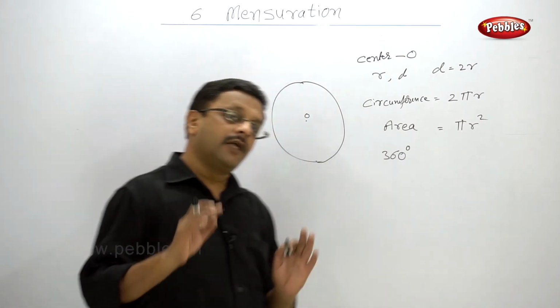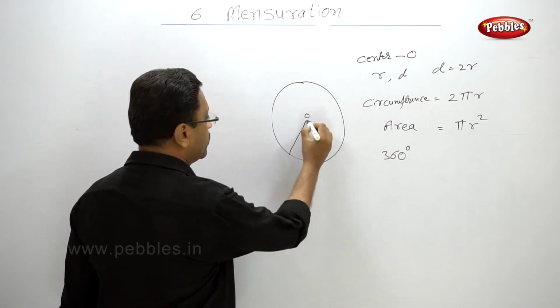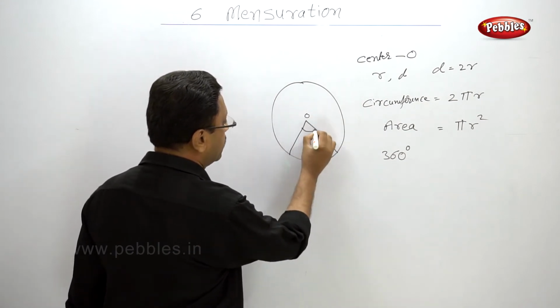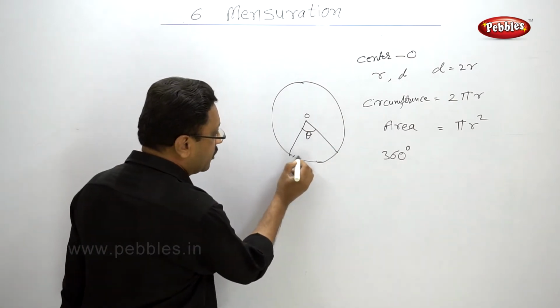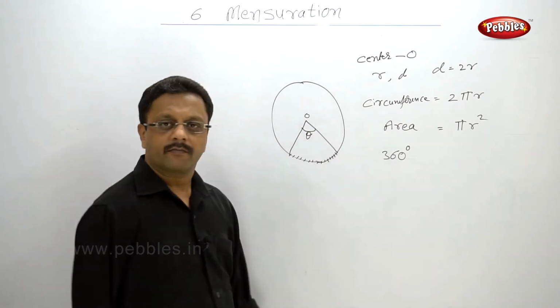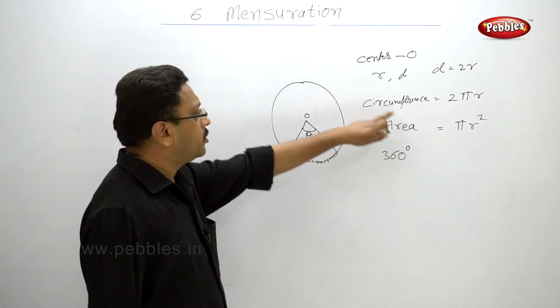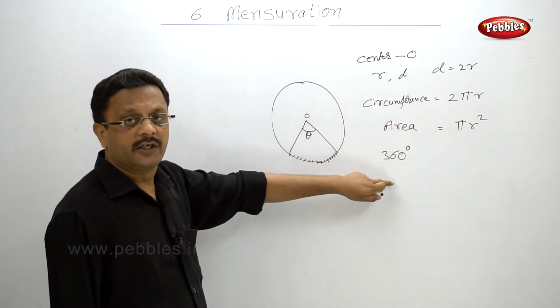Now just tell me one thing. If I say this is a central angle, if this angle theta is there, can you find the length of this part, this much part of your circumference? Very easy. You know the circumference is 2 pi r. Now this circumference is for 360 degrees.